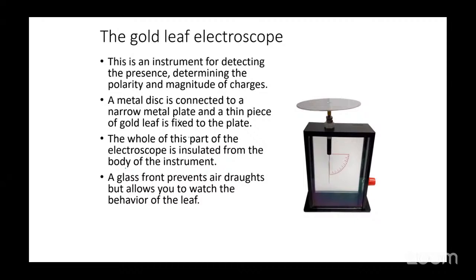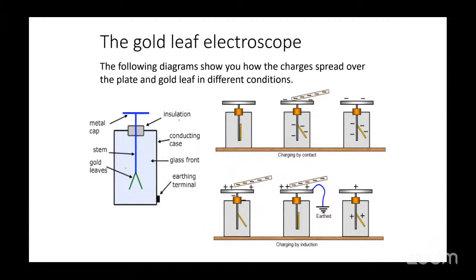If I want to know the polarity of charge, that is, whether the charge is positive or negative, the gold leaf electroscope will tell me. And if I want to know the amount, the size of the charge that is present, the gold leaf electroscope is also an instrument that can tell us the magnitude of the charge.